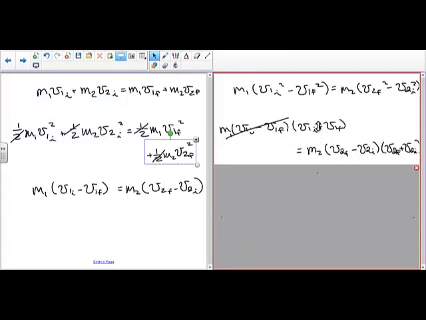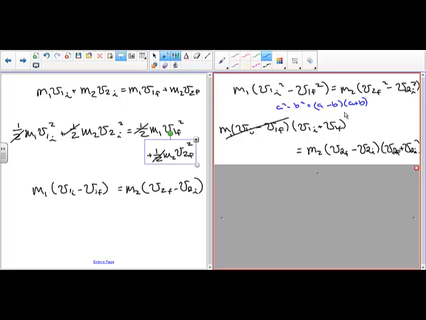Now, what are we doing now? So then you can factor this. So this is the kinetic energy thing. So this is like, you've got a squared minus b squared is equal to a minus b times a plus b.